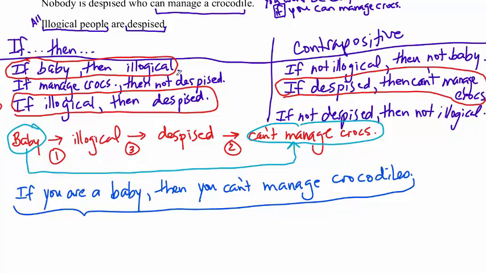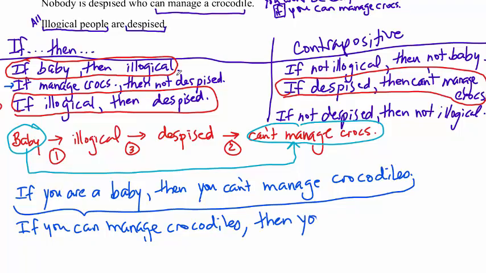And had someone started with statement 2 instead of statement 1, you might have ended up with a different version that's equivalent. You might have ended up with if you can manage crocodiles, then you are not a baby. And that would have been fine as well.